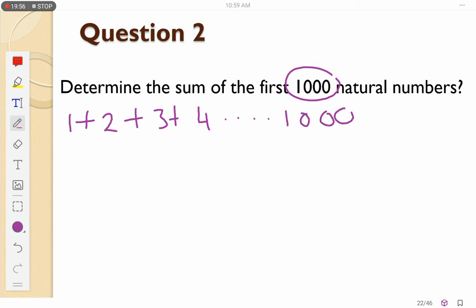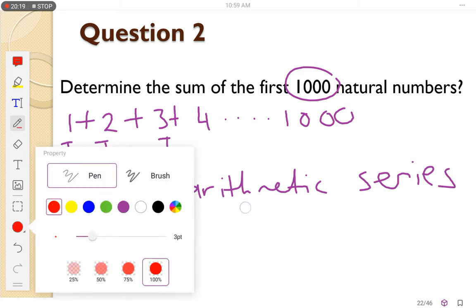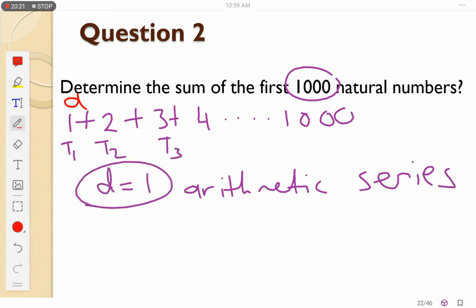If you do the T1, T2, T3 and find the differences, you find the same difference, which is D equal to 1. So it means it's an arithmetic series, and our A in this case is 1, and our D is 1 also.